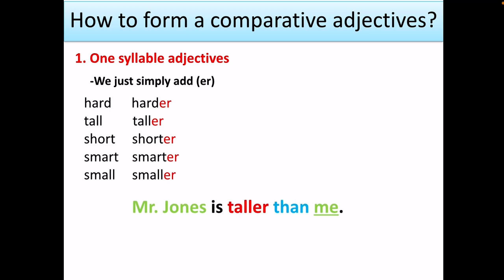Notice that me here is a pronoun. A pronoun is also a substitute for a noun, so we can compare with it. Mr. Jones and me are the things I want to compare. Taller here is the comparative adjective, and than says what we are comparing with.